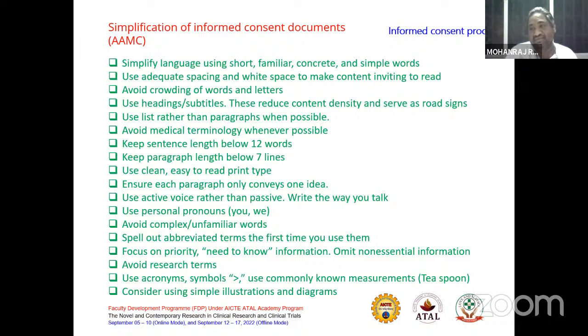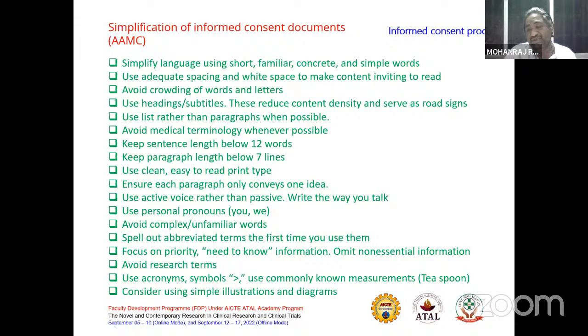If you have abbreviations, list the abbreviations initially. Whenever you give information, write the priority information first. Then avoid not only medical terms, but also research terms.